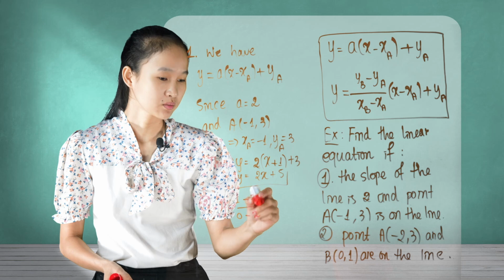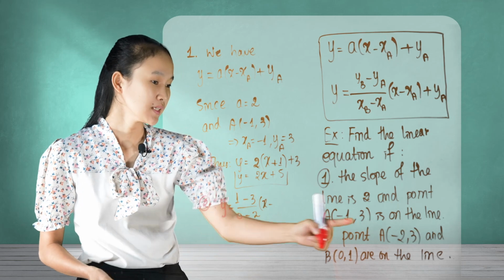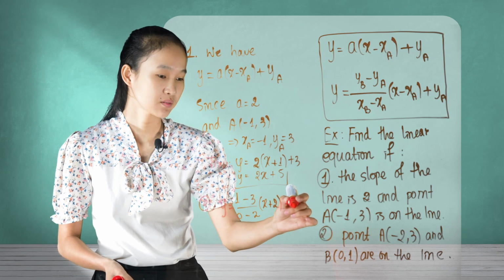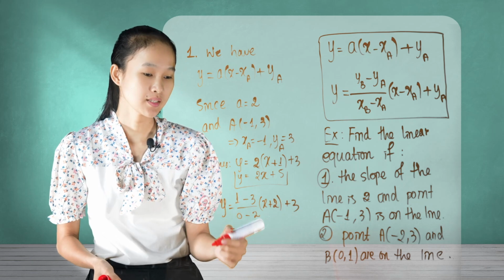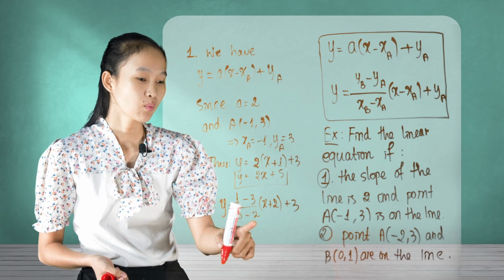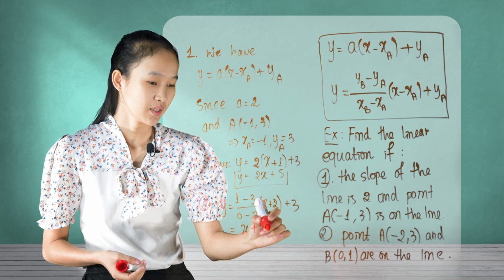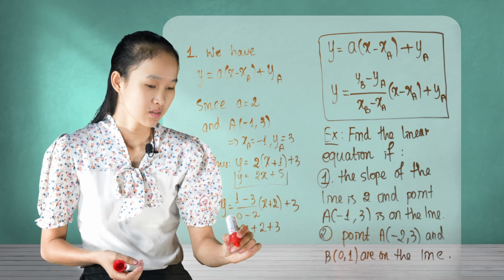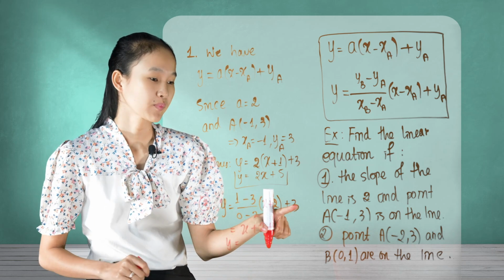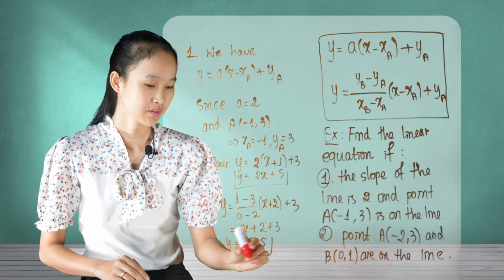Multiply by x take away xA. xA is -2, so it's going to be +2 and then +3. Calculate this: you get -2 over -2, which is 1. 1 multiplied by x plus 2 is x plus 2, and +3 here. So the linear equation that has point A and B on it will be x plus 5.